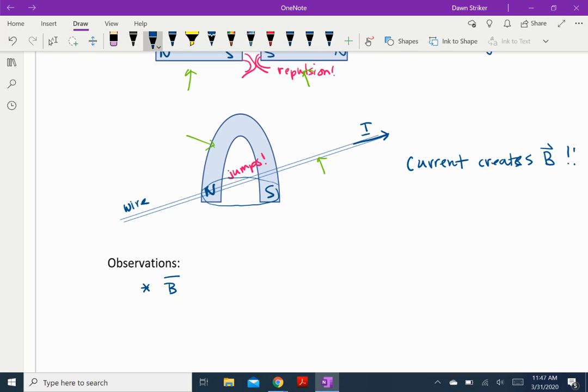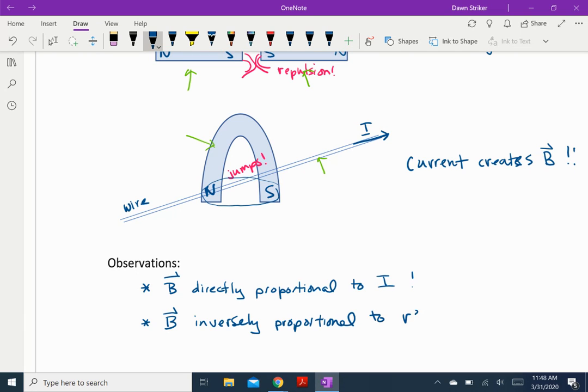So the magnetic field they observed is directly proportional to the current. Okay. It's also inversely proportional to the square of the radius.